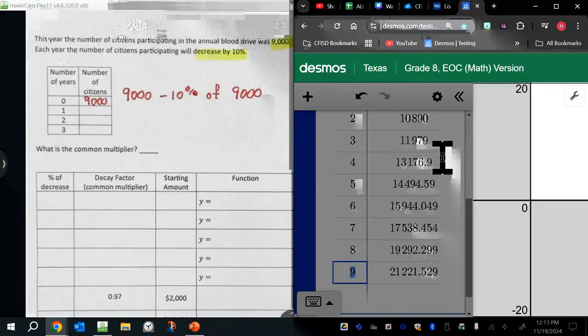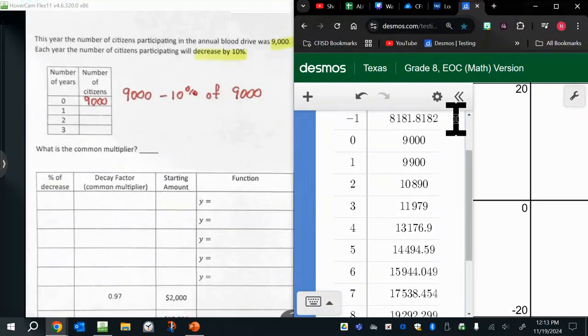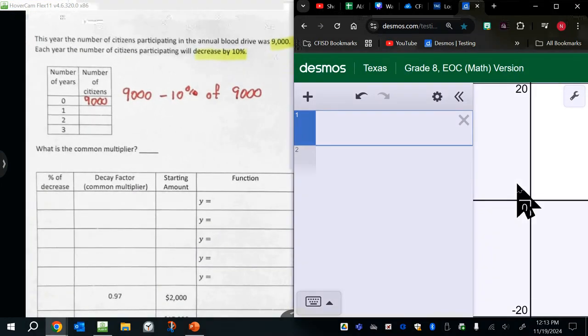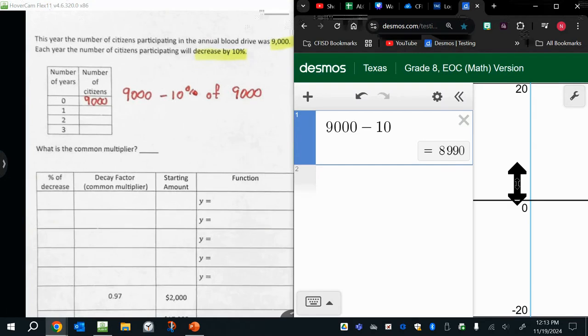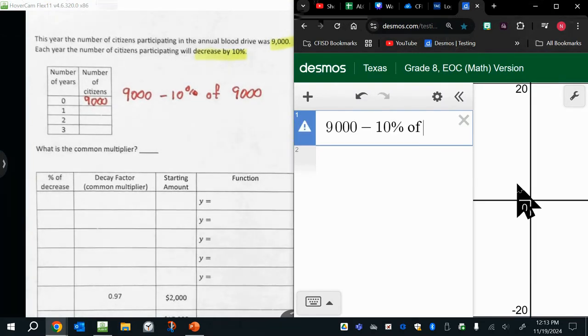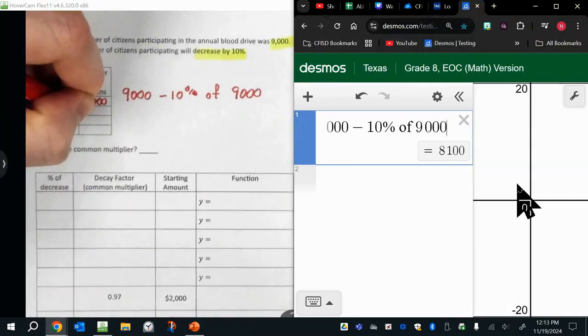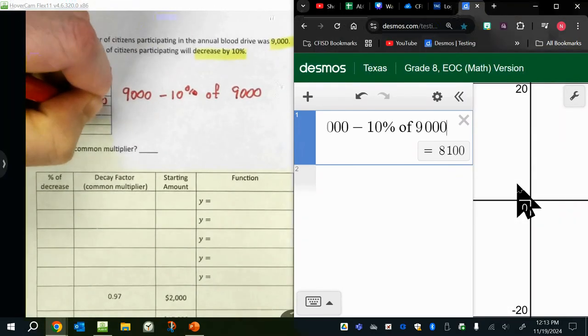So I'm going to clear out what's over here. And we're going to say 9,000 minus 10% of 9,000. So that's 8,100.